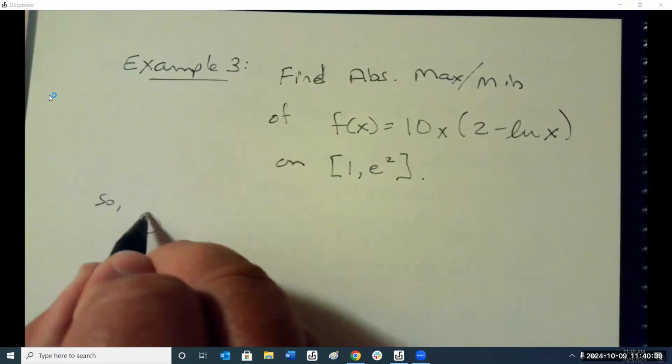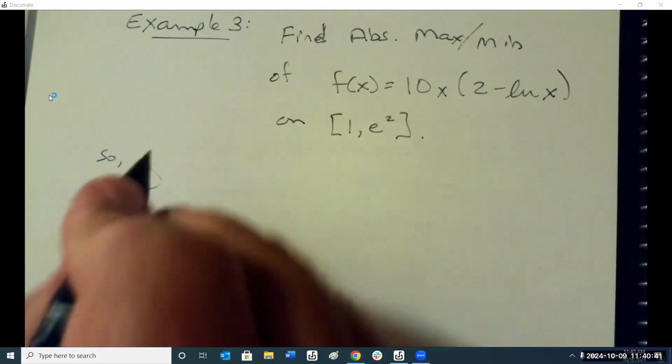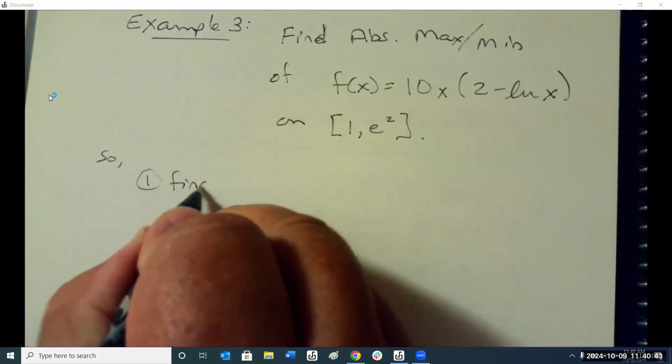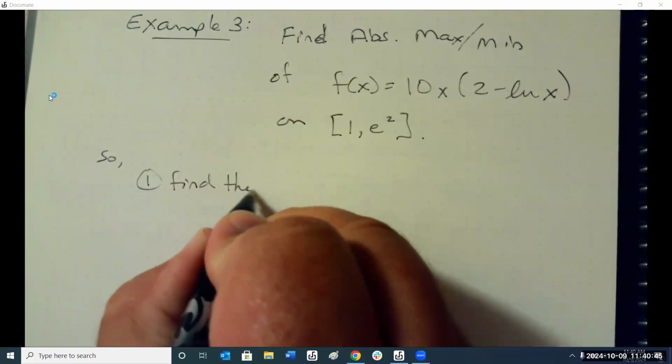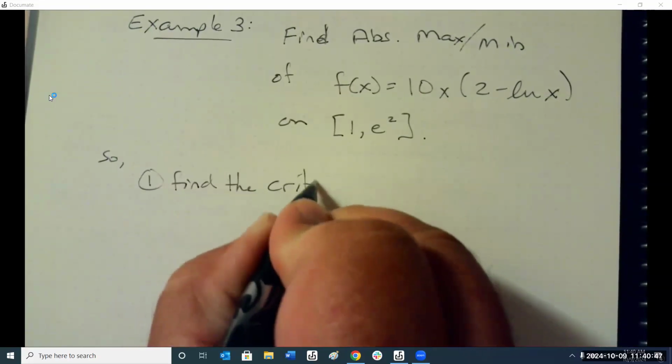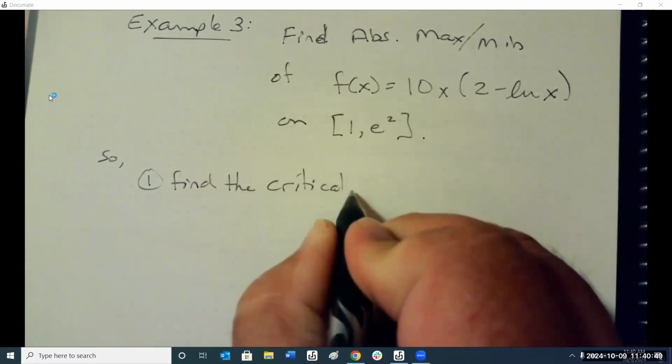So the first thing to do is find the critical points.